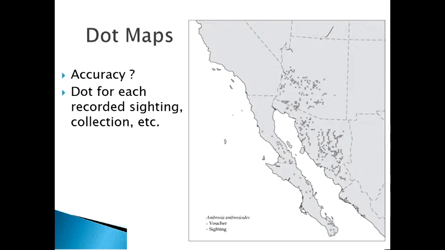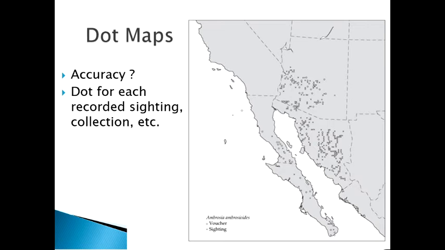Things to think about. Other types of maps, we have dot maps. In this one is one species of ragweed, of ambrosia. Notice here that the author has both voucher specimens and sightings. Sightings are marked by X's, where there's actual physical data. We found it here.